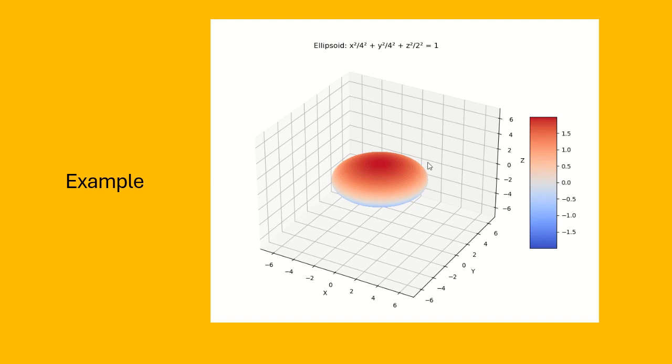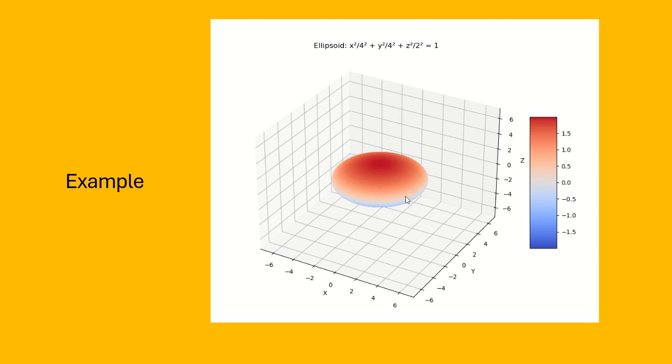Here is another ellipsoid given by x squared divided by 4 squared plus y squared divided by 4 squared plus z squared divided by 2 squared equals 1. This x term and this y term both have denominators 4 squared, the same denominator. Then we have 2 squared under this z squared.